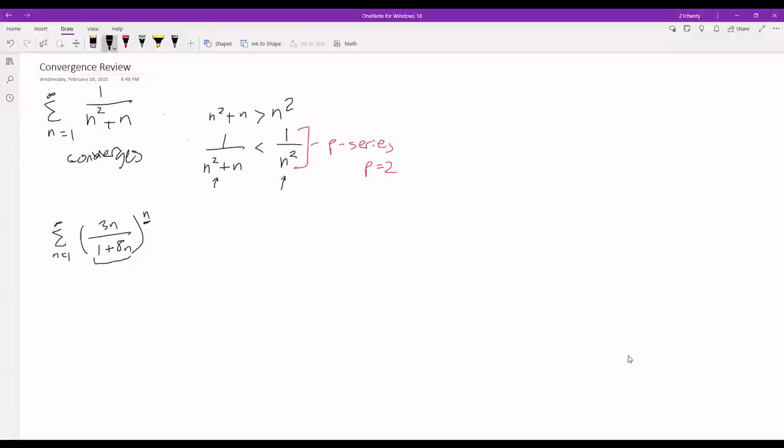So the root test, we didn't go over much in class, so I'm going to be doing the geometric series, and I guess this is also a direct comparison test.